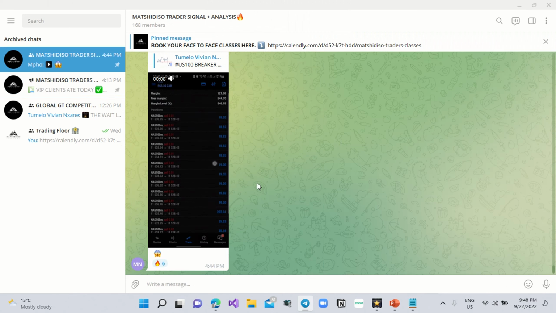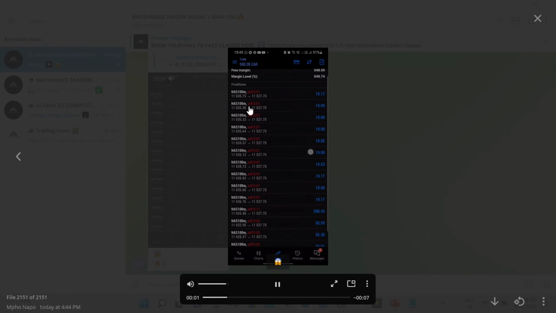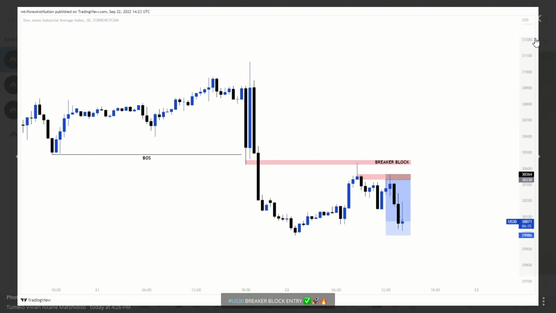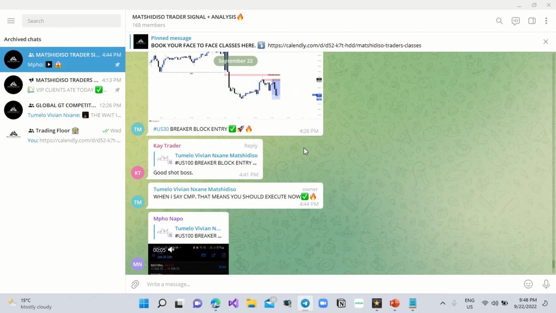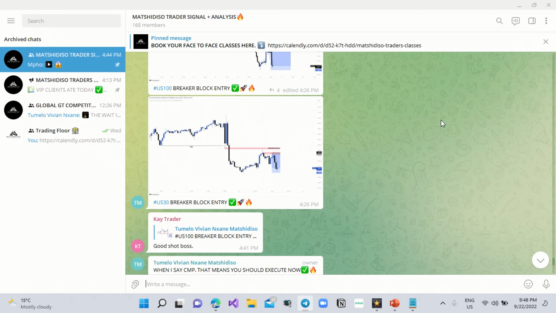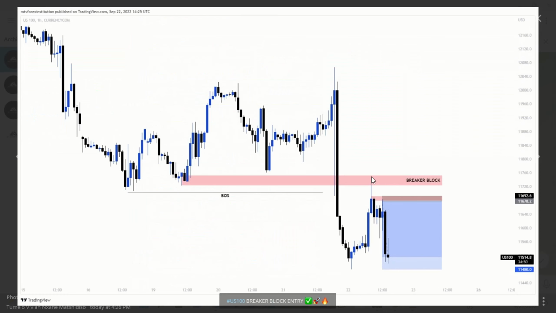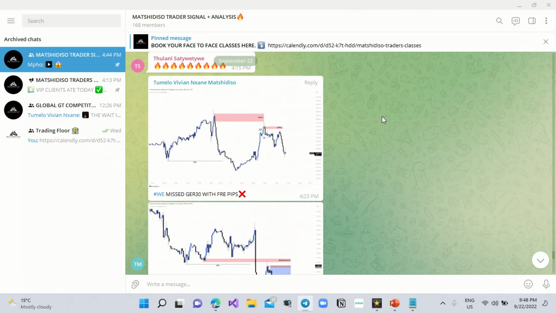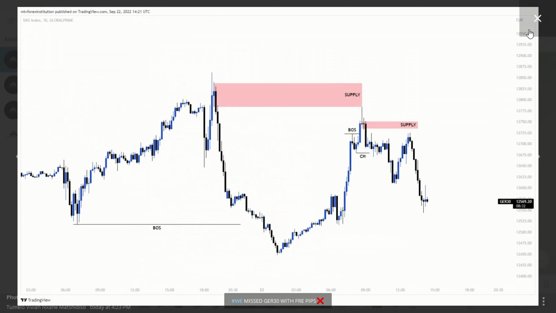Please do check out his channel. He sent a US 100 signal and a US 30 signal here. As you can see, this was our initial entry, and this was our re-entry. US 100 was chopped too, and German 30 was missed by a few pips.